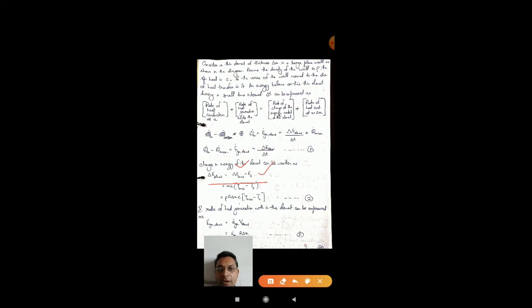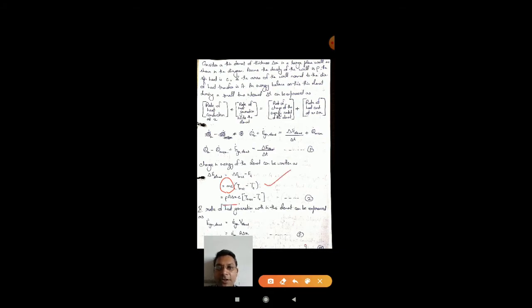As you must know, thermal energy can be written as m cp delta t. Here I have taken c instead of cp, so mc comes out as a common part, and the remaining term is this one.